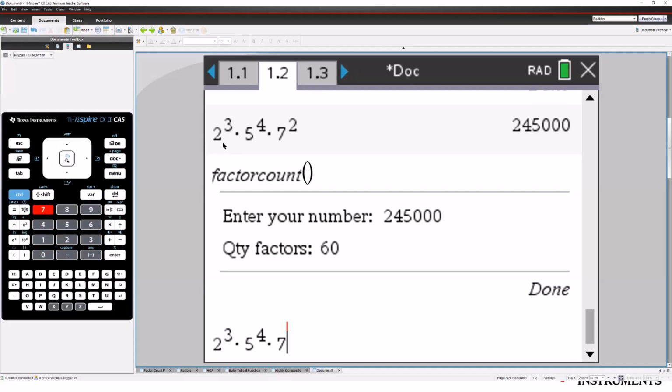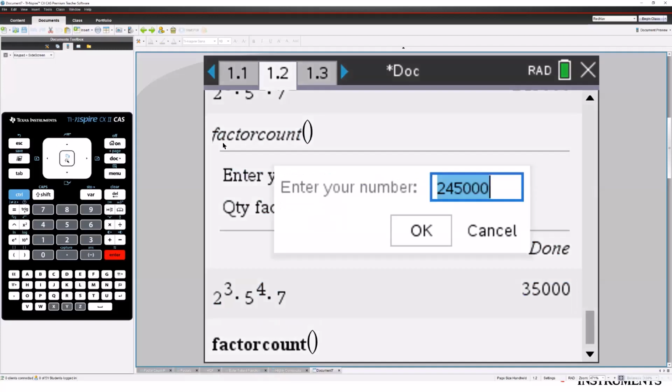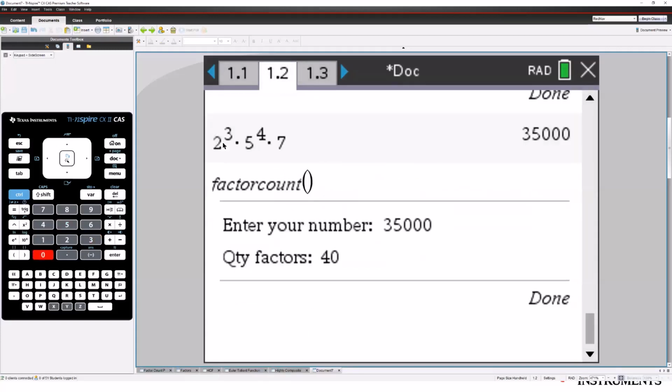So our prediction is that would be 4 times 5 times 2, because there's the invisible exponent of 1. So 4 times 5 is 20, times 2 is 40. We're predicting we'll get 40 factors for that. 3, 5, 0, 0, 0. 40 factors. It's looking pretty good. And yes, it does work.